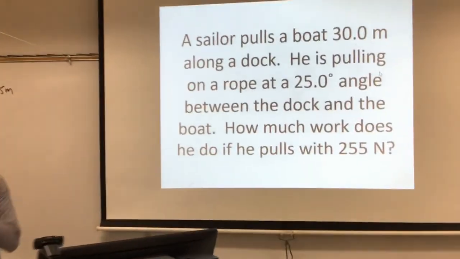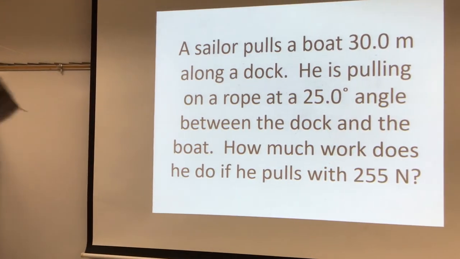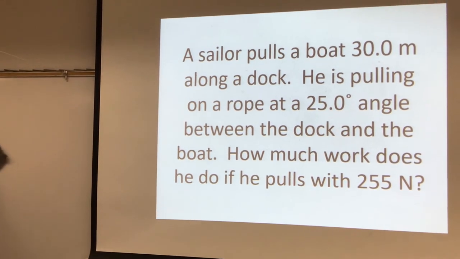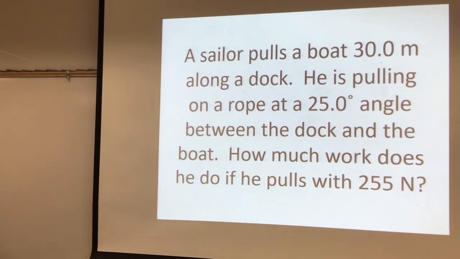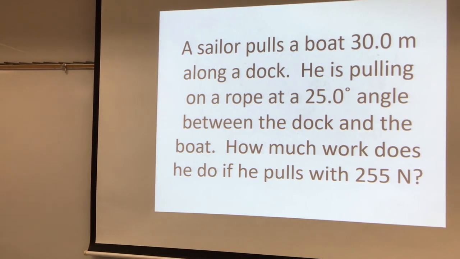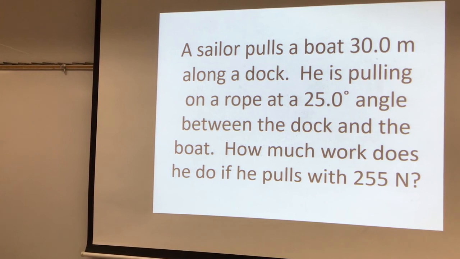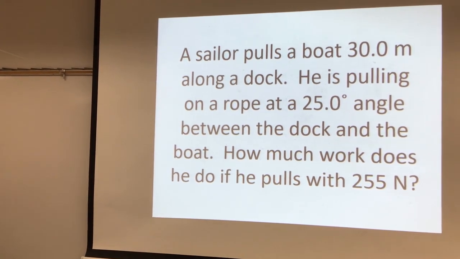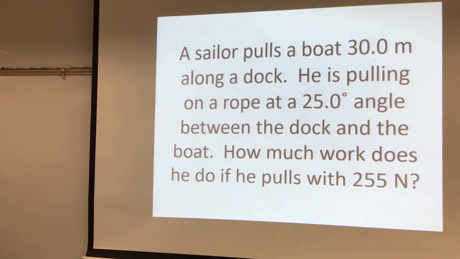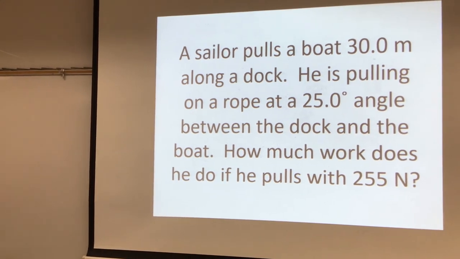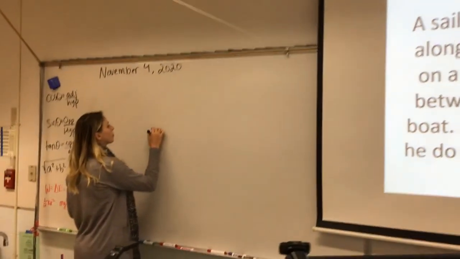Let's do a practice problem. A sailor pulls a boat 30 meters along a dock. He's pulling on a rope at a 25-degree angle between the dock and the boat. How much work does he do if he pulls with 255 newtons? I have to do this looking down from above.